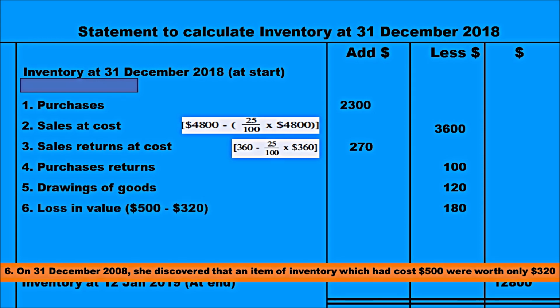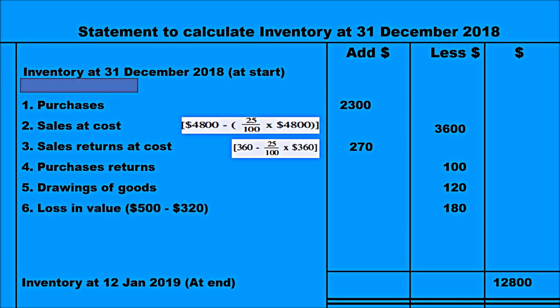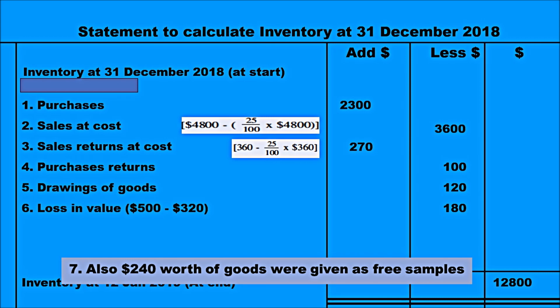That is a loss in value of 180. Since the loss in value means a reduction in the value of inventory, it will be recorded in the column to deduct. Next item, $240 worth of goods were given as free samples. Since inventory is going out, we record in the column to deduct free samples 240.